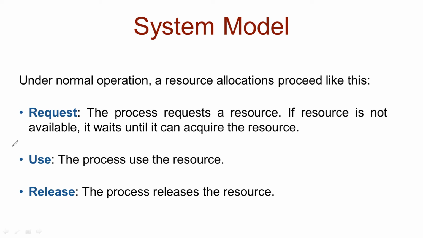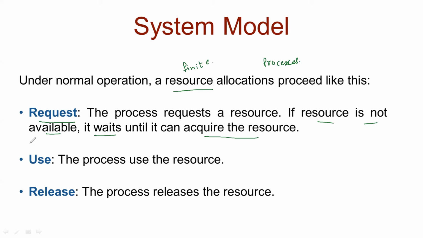Now let's understand the system model of a deadlock. A system consists of a finite number of resources. The resources are finite, and these finite resources are to be distributed among processes. Now, under normal mode of operation, a process will first request a resource. And if the resource is not available, then it will wait until the resource is available.